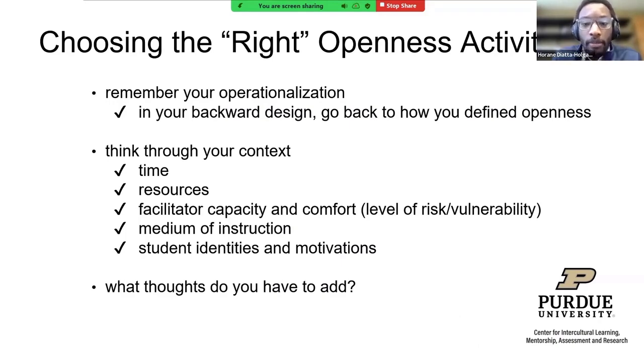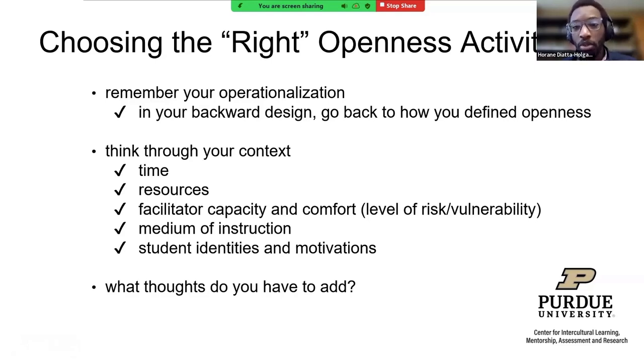So I kind of hinted at this as we were debriefing the 5 nosy questions activity. Remember which component of openness you are looking at in deciding on the activity, and know the specific goals and outcomes that you want for students.